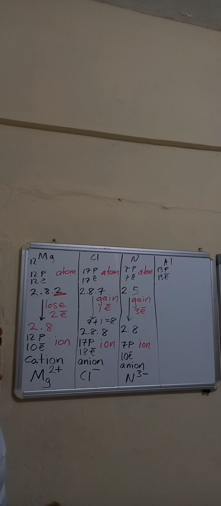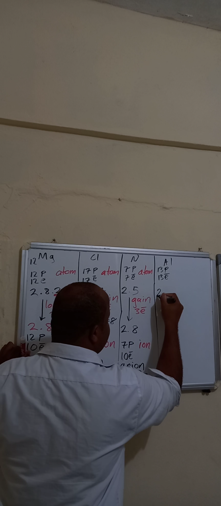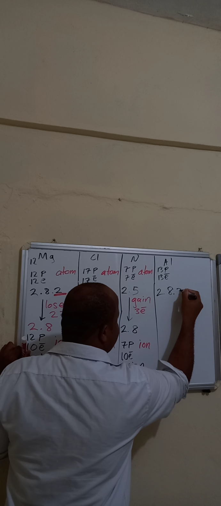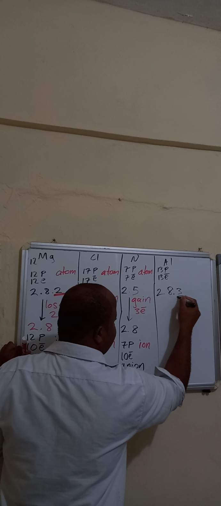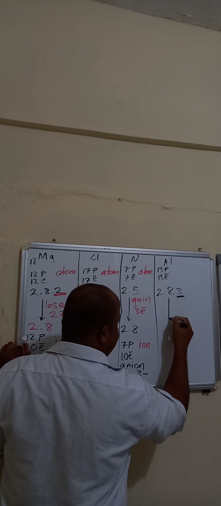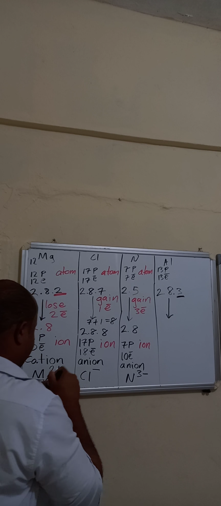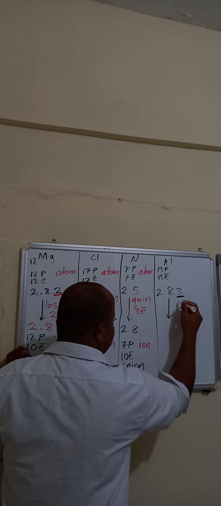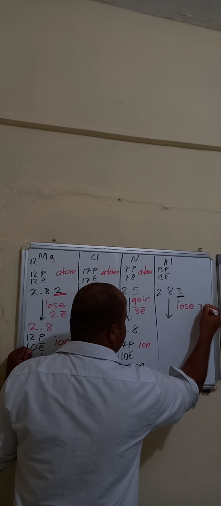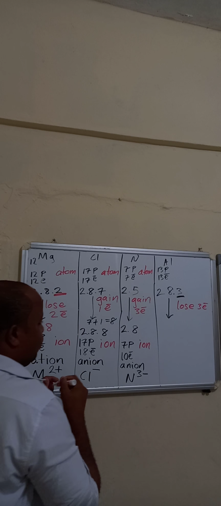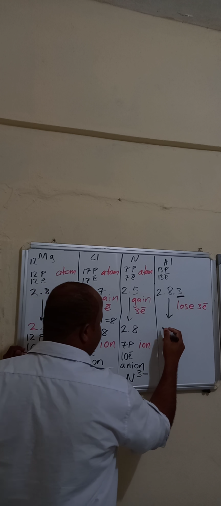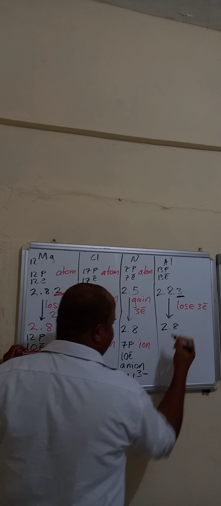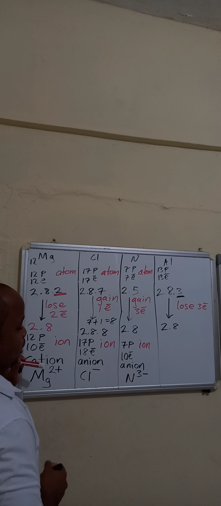And for aluminum, it is 2, 8, 3. So we know it is going to lose the 3 electrons. And once it loses the 3, its new electronic configuration will be 2, 8.